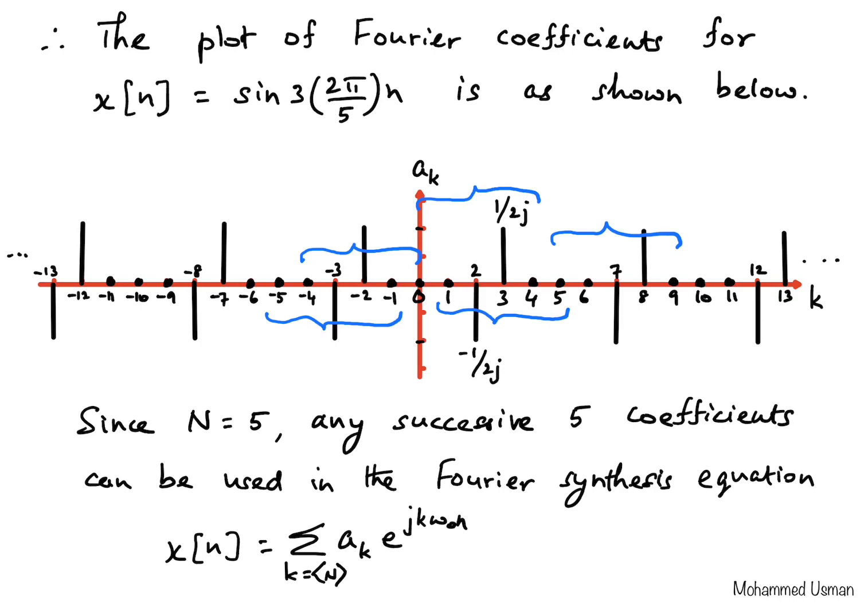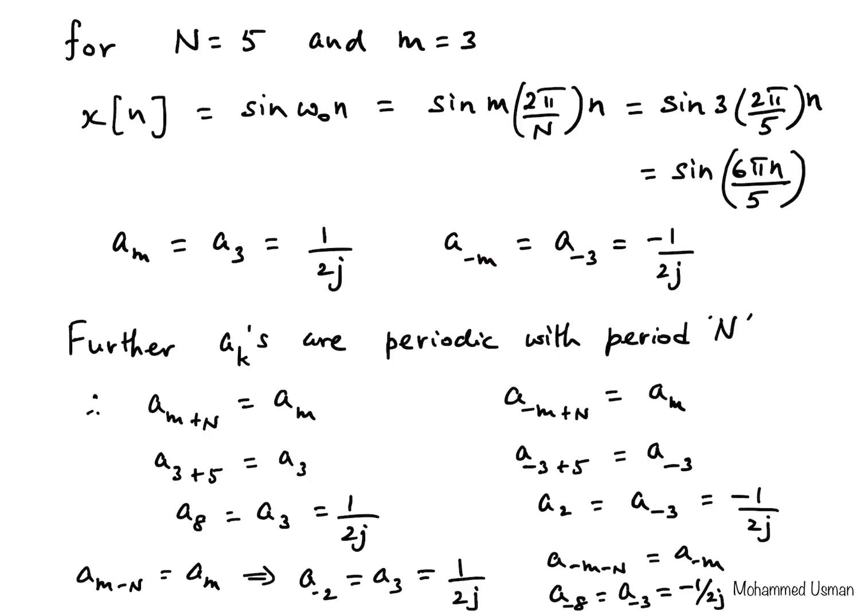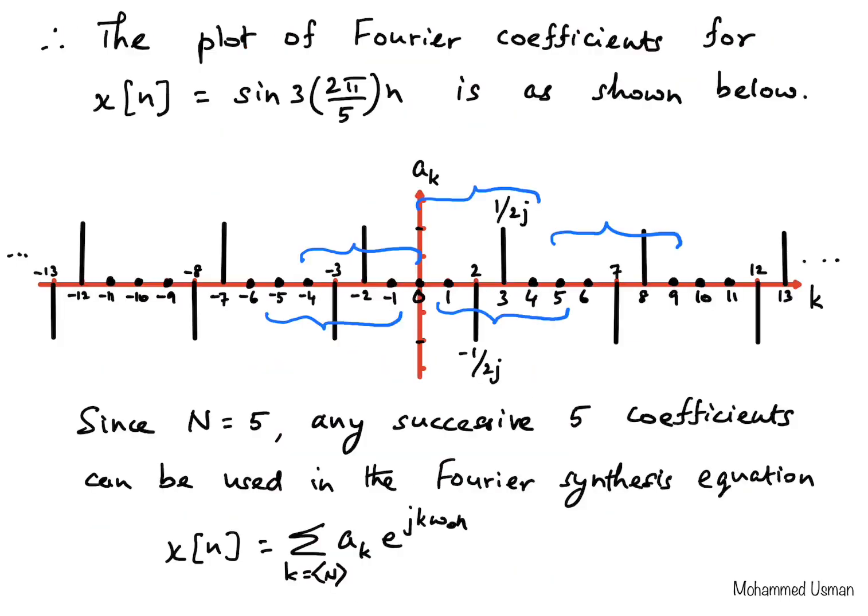Now we will plot these Fourier coefficients for this sequence x of n, which is sine m 2 pi by n times small n. So m is 3, capital N is 5. The first thing is a3 and a minus 3 are known. a3 is 1 by 2j and a minus 3 is minus 1 by 2j.